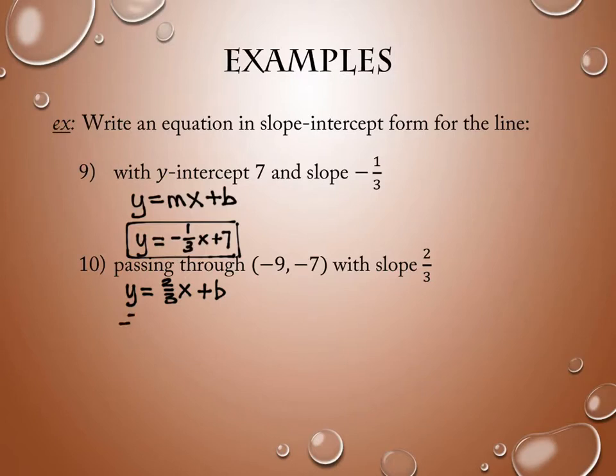So let's try that. I've got -7 in for y, -9 in for x, and I'm looking for b. Are you getting a sense of why we work so much with fractions early on? They keep coming up, right? So I've got 2/3 of -9. How much is that?